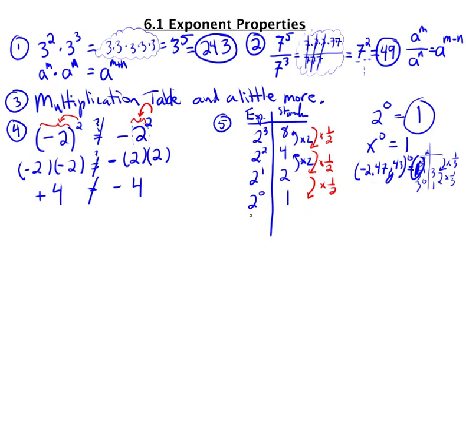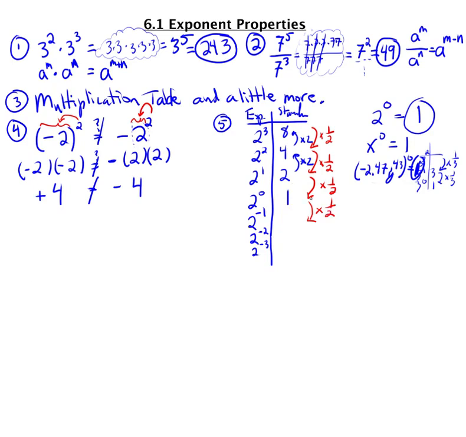Now let's take a look at what goes on with the negative exponents. So what happens when we get to 2 to the negative 1 power, 2 to the negative 2 power, 2 to the negative 3 power? So we continue our multiplier of 1/2, or some people think in their head, divide by 2, which is okay.